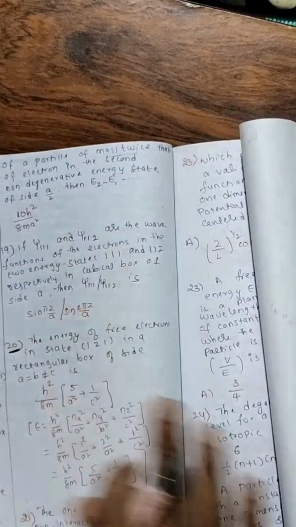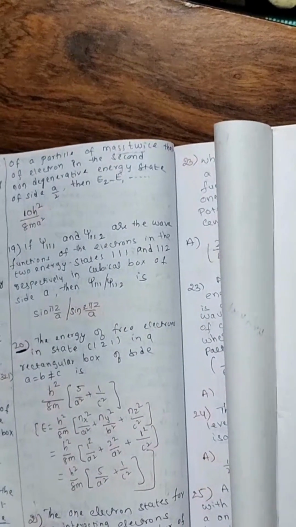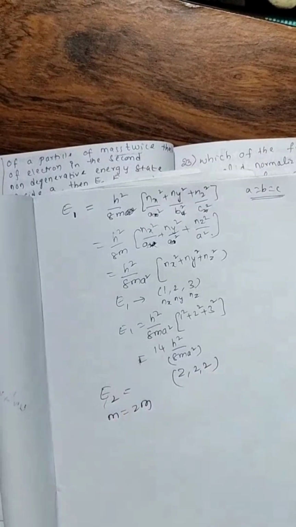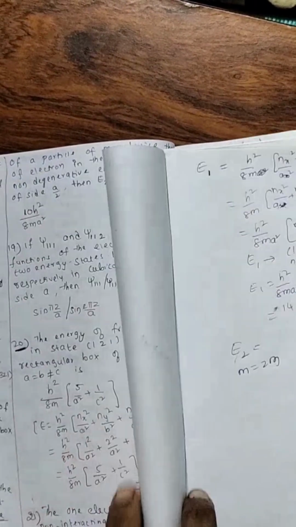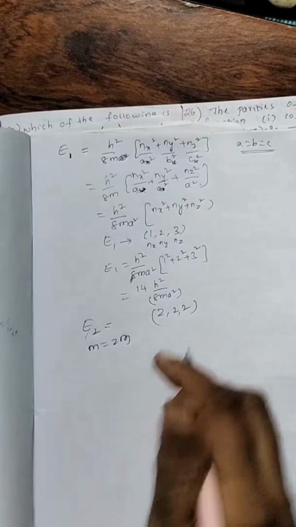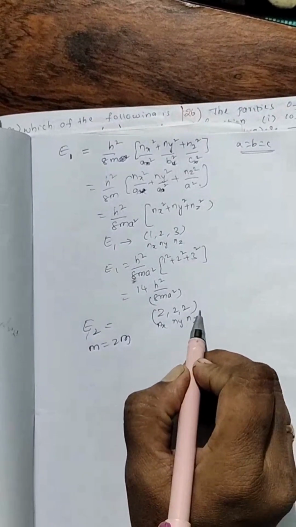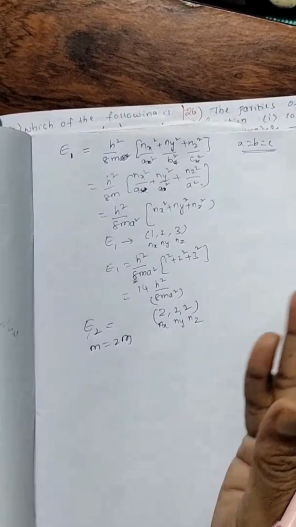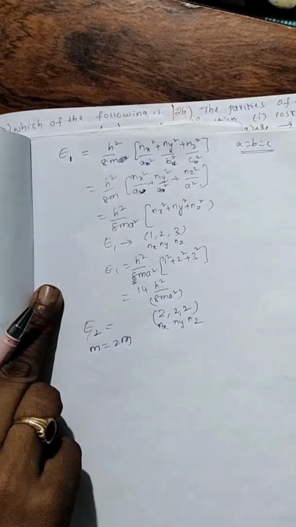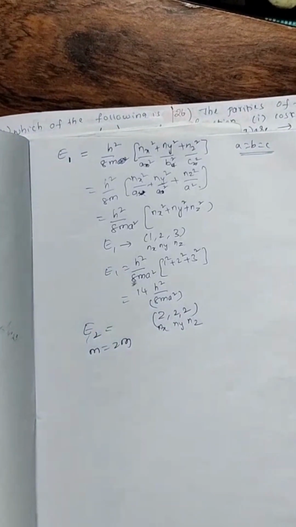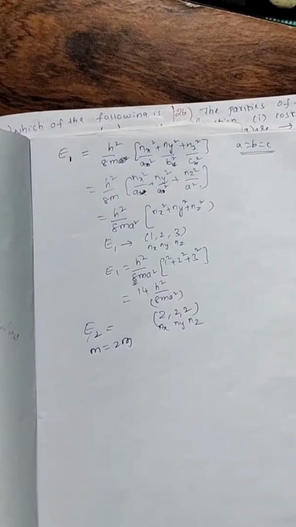Non-degenerate means 2, 2, 2, a unique set, nx, ny, nz equal to 2, 2, 2. Just above he is saying the second state, so 2, 2, 2.